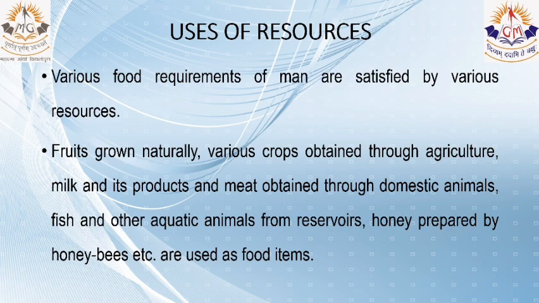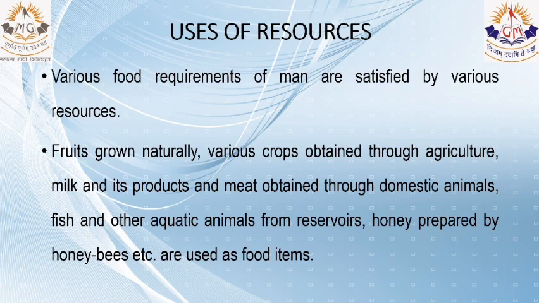These are the three ways in which we try to classify natural resources. So now let us learn the first one, food. Various food requirements of men are satisfied by various resources. We have lots and lots of resources through which we satisfy the requirements.